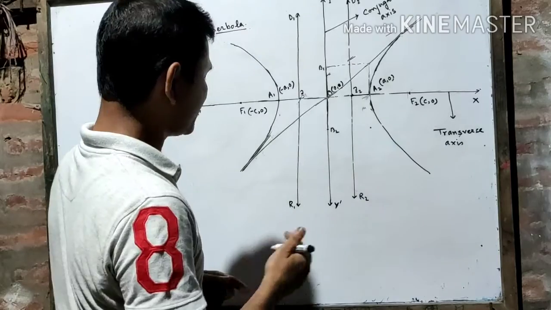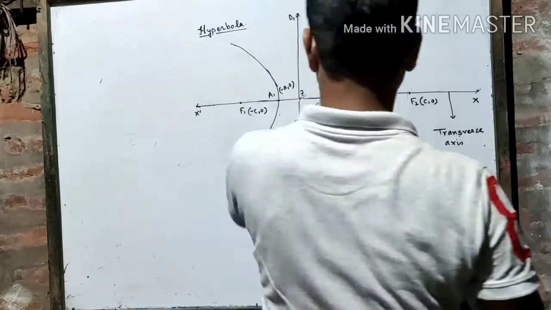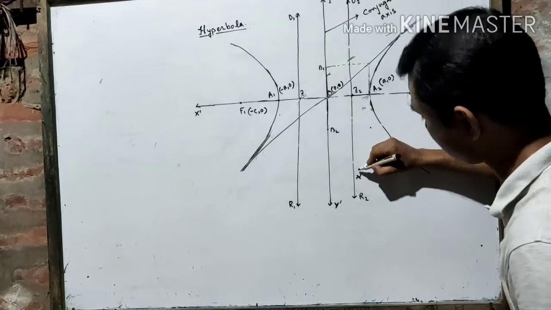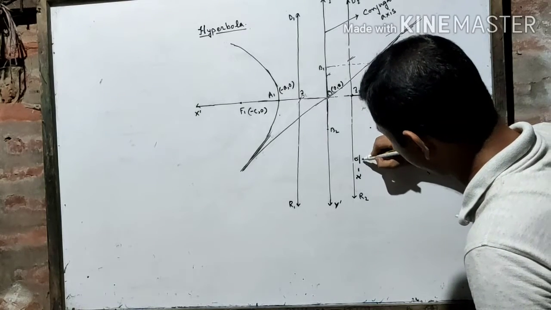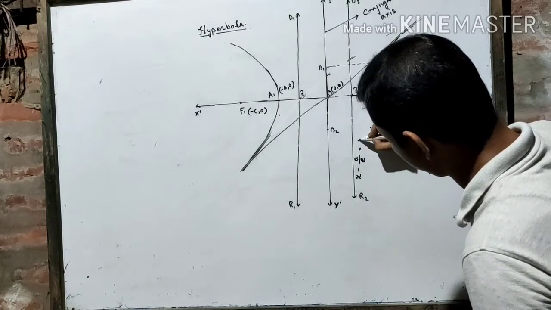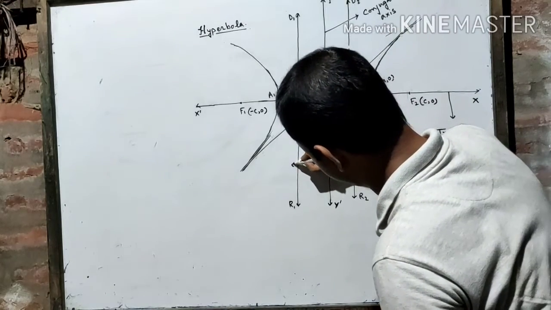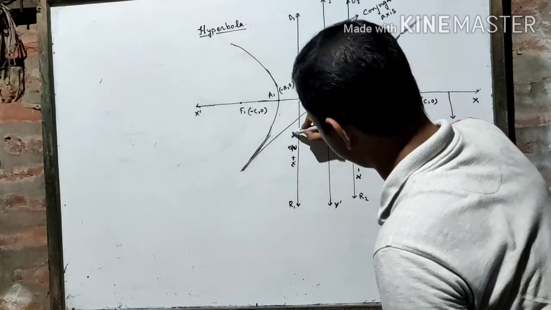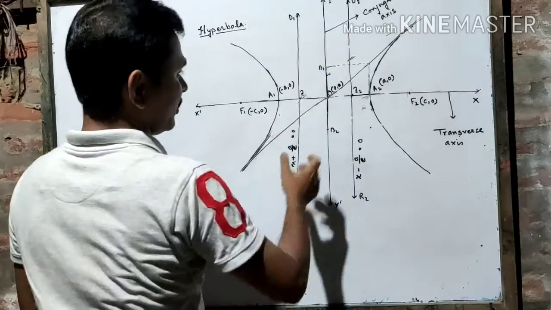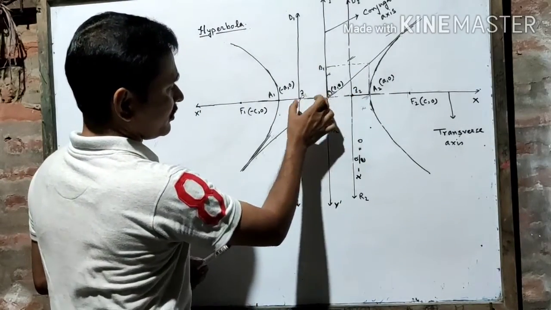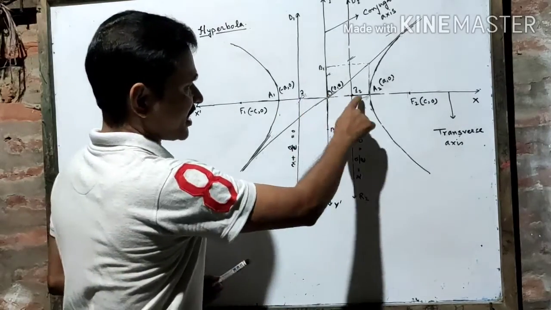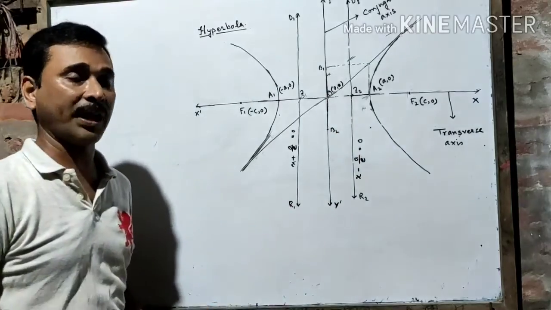Then the equations of the directrices: x minus a by e is equal to 0, and x plus a by e is equal to 0. That means this length OZ2 is equal to a by e, OZ1 is equal to a by e, and the distance between the directrices is twice a by e.